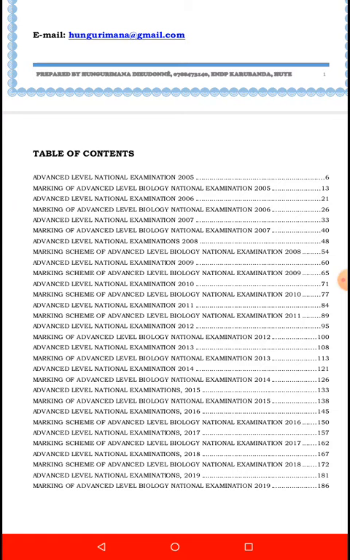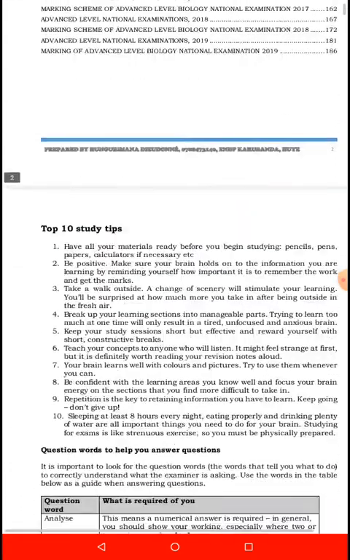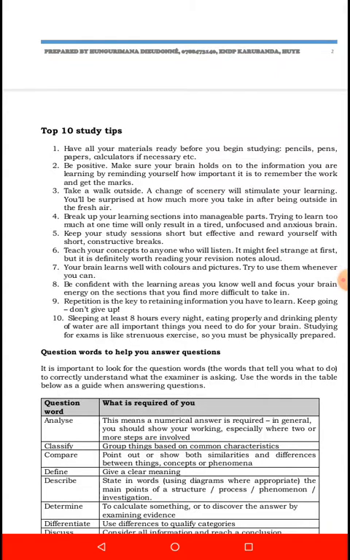Our content is the national examination papers for advanced level from 2005 up to 2019. Starting, it is what we call top 10 study tips.